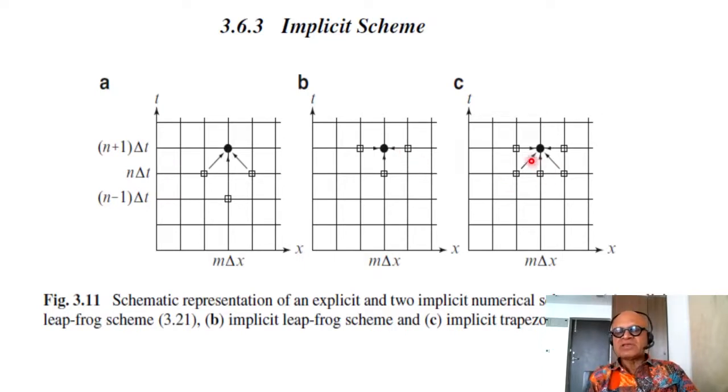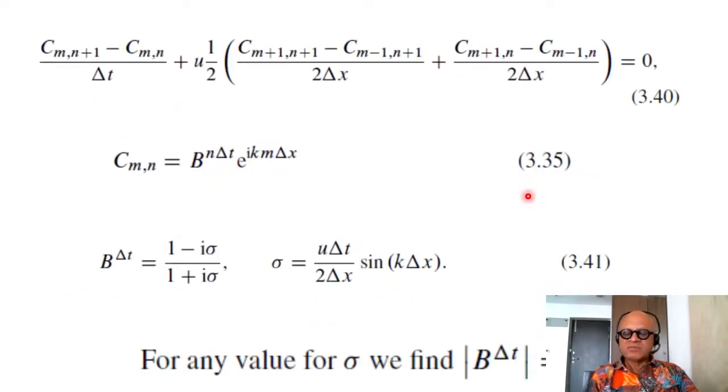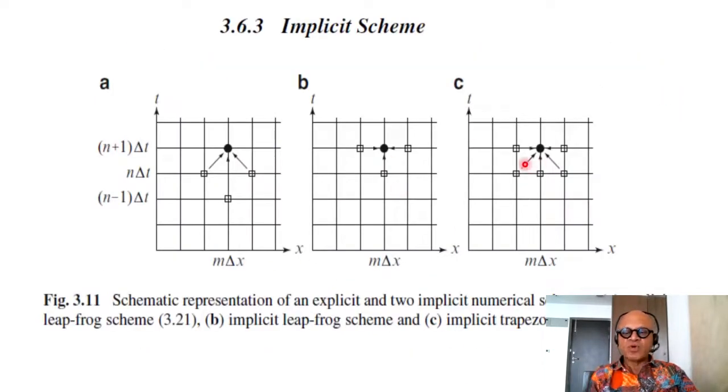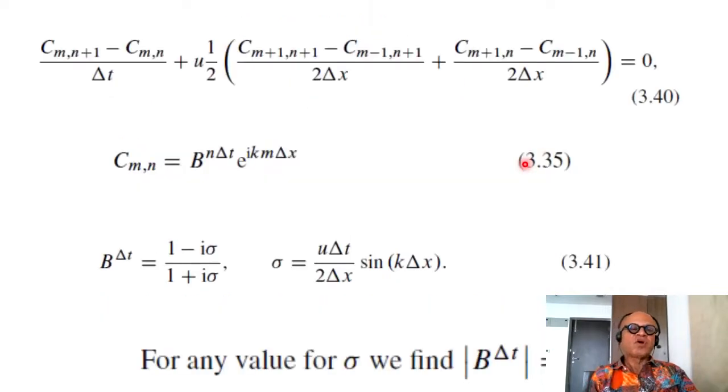And this is the implicit trapezoidal method. These are just names that basically correspond to the shape or the way we leapfrog the values.